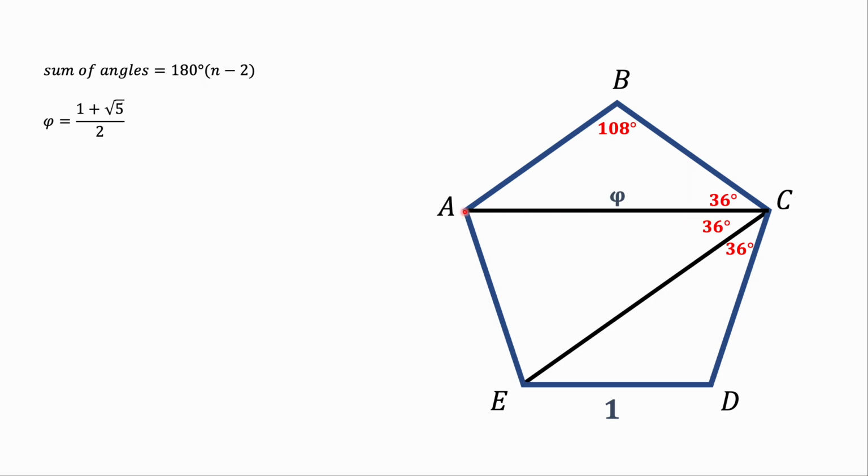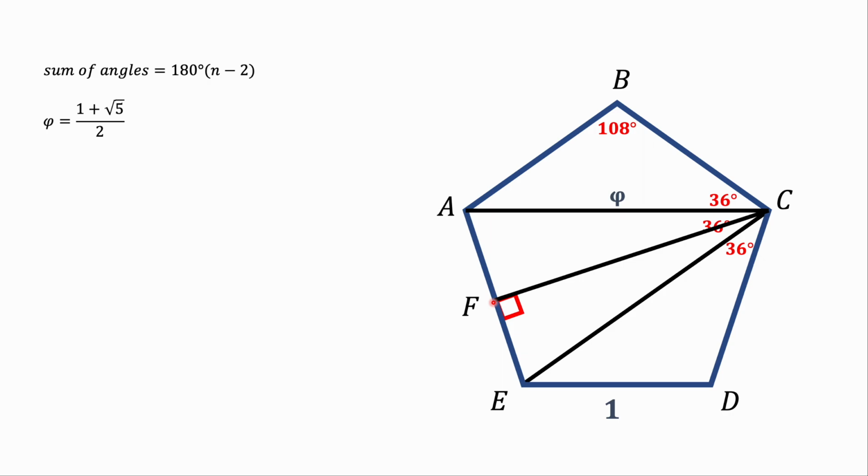Now notice that triangle ACE is an isosceles triangle. AC and EC are diagonals and they're congruent to each other. So what we can do with this triangle is draw an altitude, CF. The altitude in an isosceles triangle is also the side AE bisector.